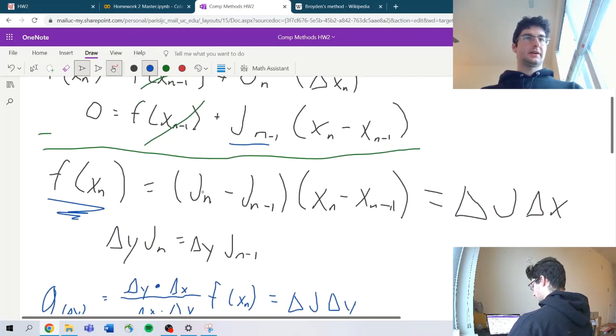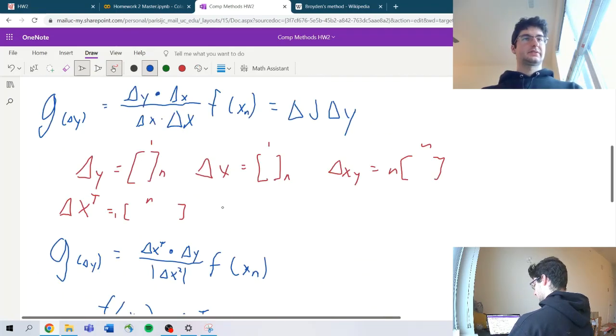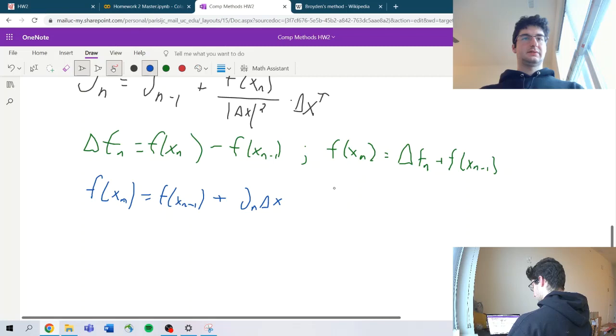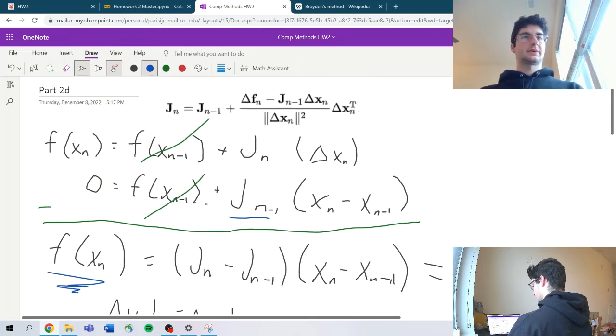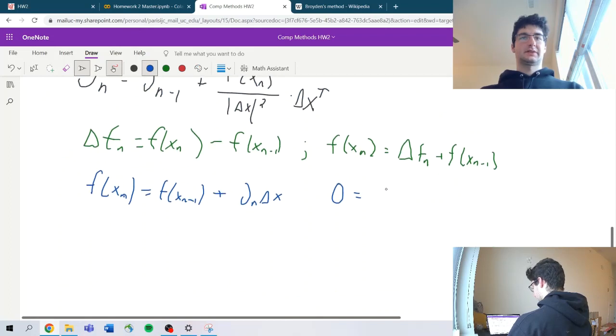And the other one was 0 equals our f of x plus our j n minus 1 delta x.